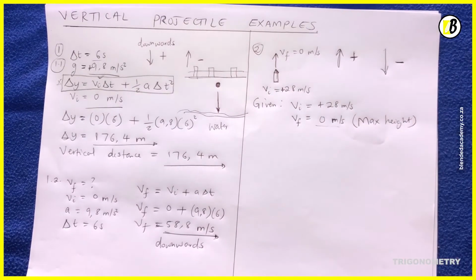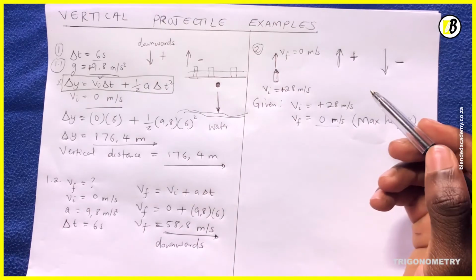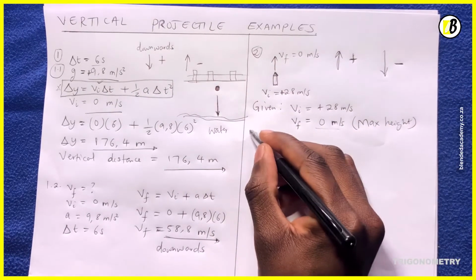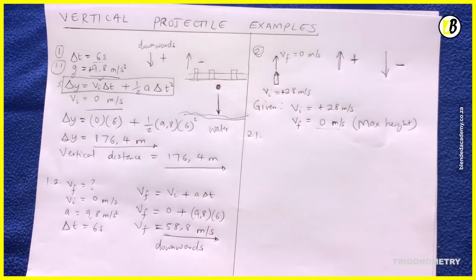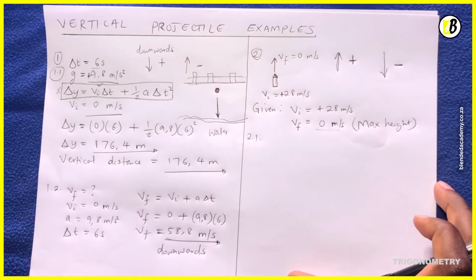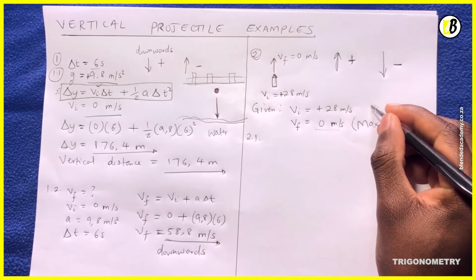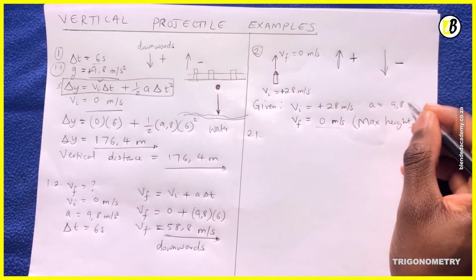Okay, and now from there, let's start taking the question, 2.1. For this particular question, we need to find a suitable equation from our formula sheet. We also know the acceleration, which is 9.8 meters per second squared.